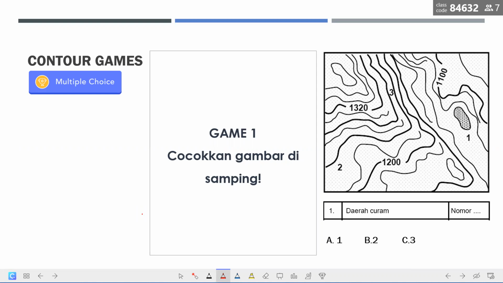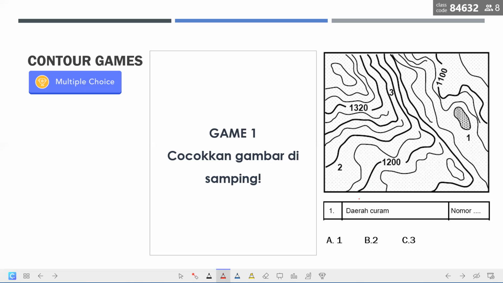First question. Which number is the steep area? Is it A1, B2, or C3? I notice I haven't started the game just yet. But once again, which is the steep part of this area?